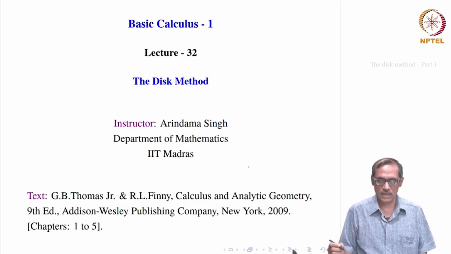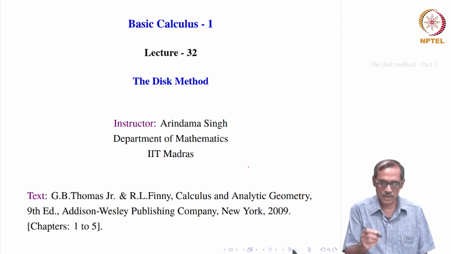So, in the last lecture, we had discussed computing volumes of certain kinds of solids by using the slice method. Today we will be talking about a particular case of that slice method, which is called the disk method. This is applicable again to a subclass of those solids which we discussed last time.